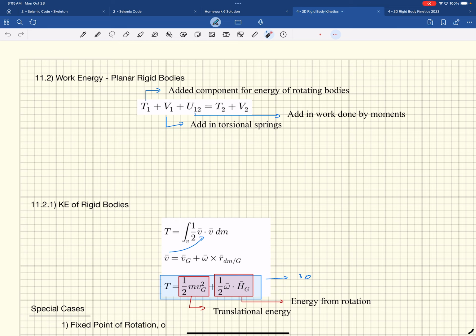All right. Let's write the energy equation. Next step: energy. Hey, I write it down every time. The whole thing: T1 plus V1 plus work done 1 to 2 equals T2 plus V2.